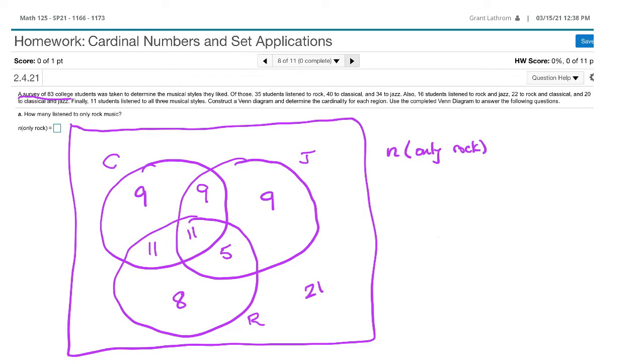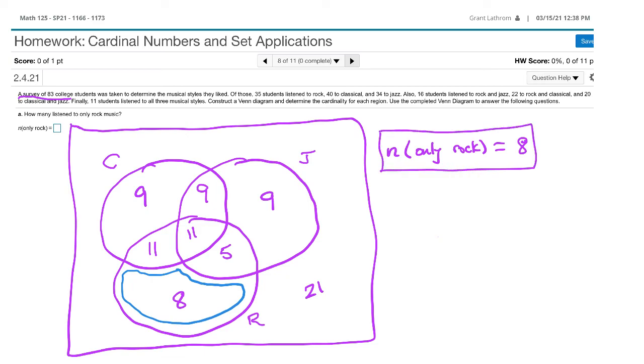And so the set of values that constitute only rock is really this region here. So everything that's inside rock but outside of everything else. And so for that region, what's our answer? We have a total of 8 people in that region.